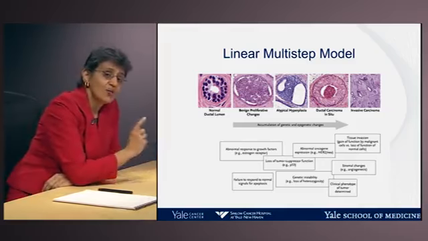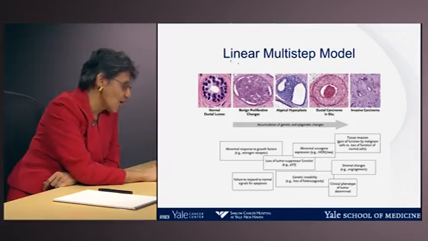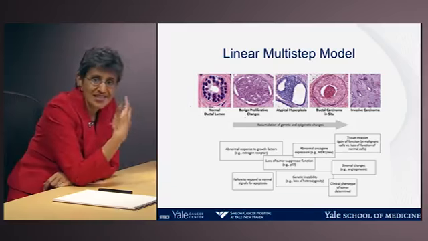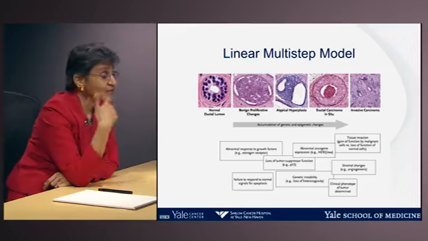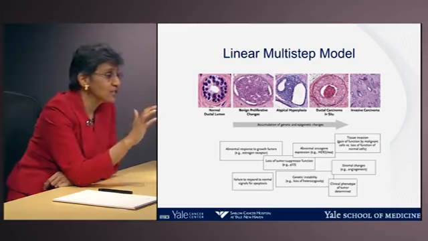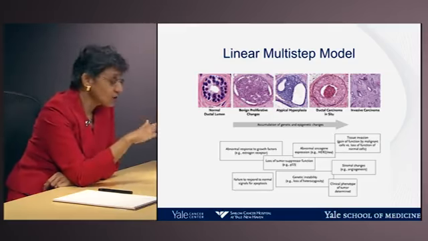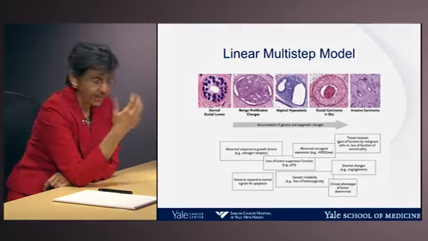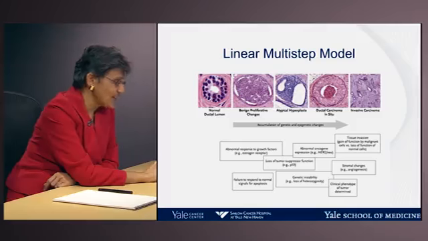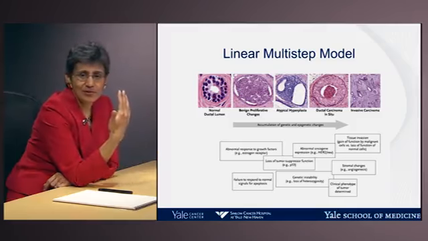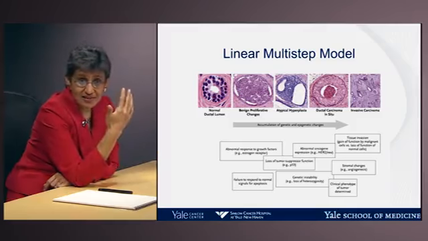If we go back and look at a linear multi-step model, you can imagine that normal cells can gain some proliferative changes. That is to say, cells can grow. They're still very controlled. They're still not abnormal. They're just growing, which is fine. At some point, they begin to become atypical, funny-looking cells.